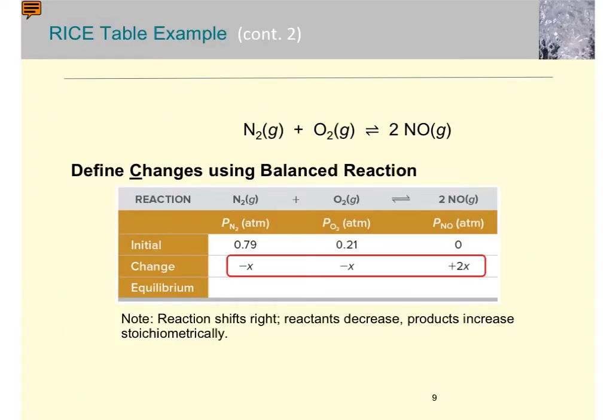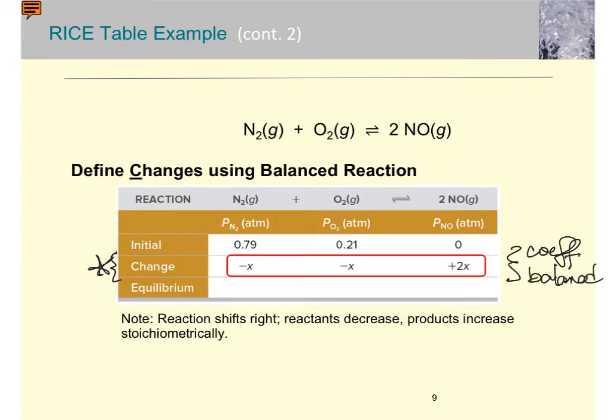Once you have the initial amounts, this is the tricky part of ice tables and also the most important part, the change row. One of the things you probably want to write down is that the relative values in the change row come from the coefficients in the balanced reaction.